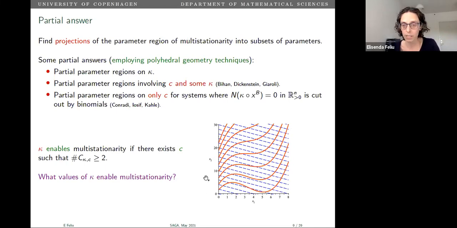Here in the drawing I started with, the kappa giving this red curve enables multistationarity because I can find a blue line that gives me 3 intersection points, and the kappa giving rise to this red line does not enable multistationarity because I cannot find the C that enables multistationarity.